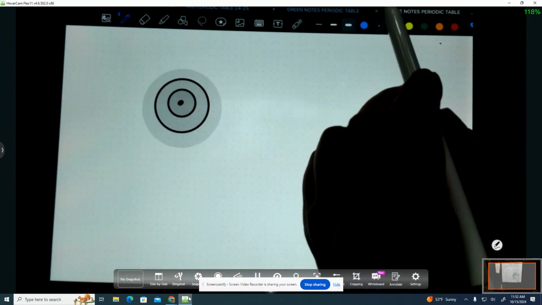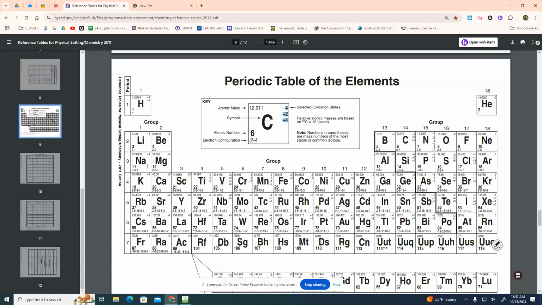So let's say we have hydrogen. It has one ring. And then we get lithium. Lithium also has a nucleus, but now it has two rings.